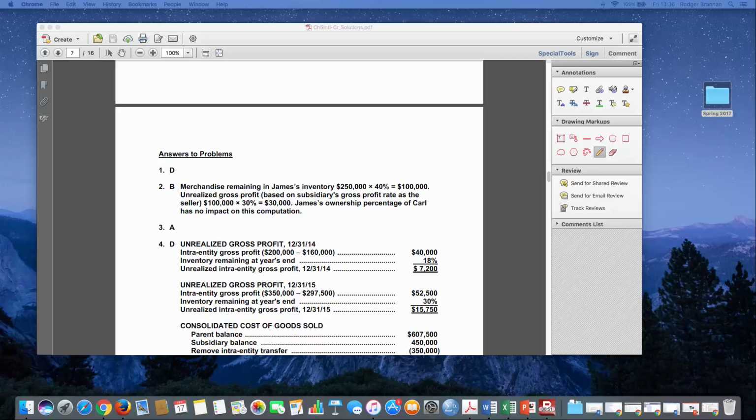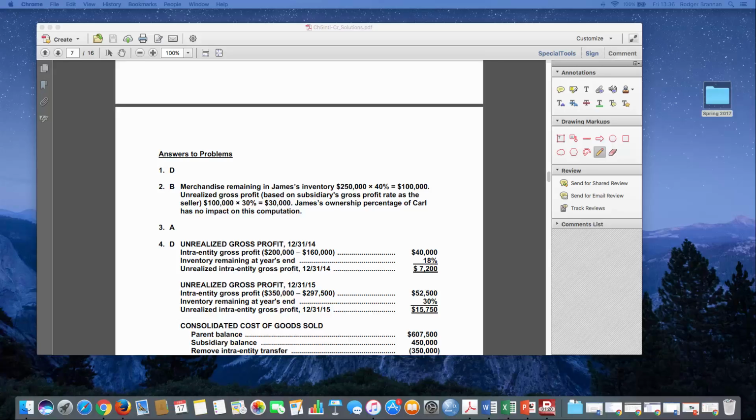Now, in a sense, immediately after that, what you would have to do is to recognize that of that amount, 40% hasn't been sold. So that 100,000 can stay there, but it has to be reduced back to its cost. And so the 40% of that, that is the 40% of 250,000, 100,000, that's the amount that's left.